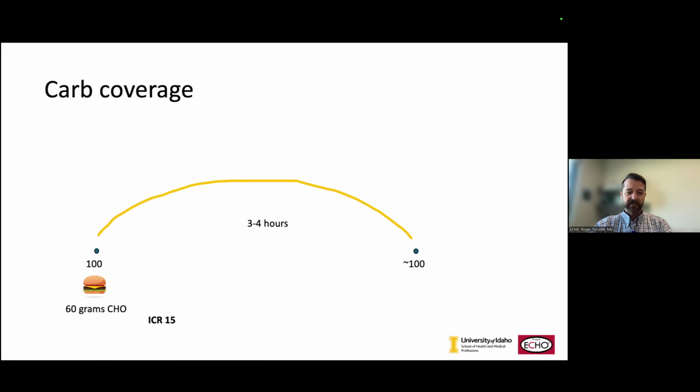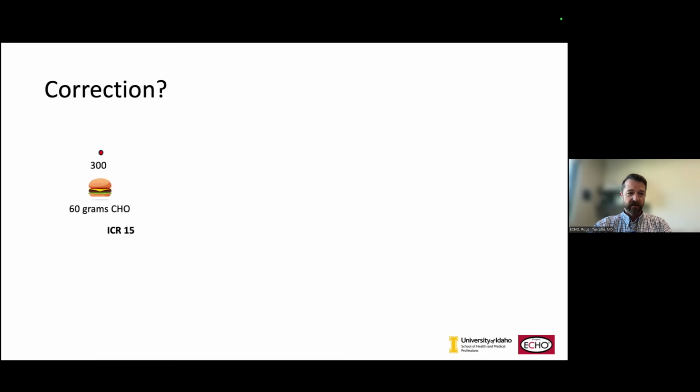So if we go back to this example and we say that this hamburger, or whatever it is, is 60 grams of carbohydrates, and this patient has a carb ratio of 15, well, then the dose of insulin that they need is 4 units. And with that 4 units, their blood sugar will be normal after several hours. So that's carb coverage, and we'll talk a little bit more about that.